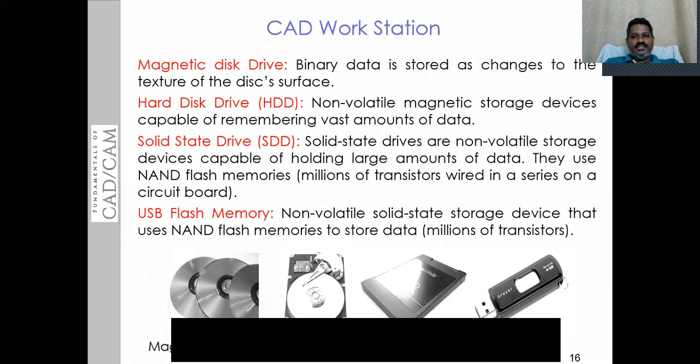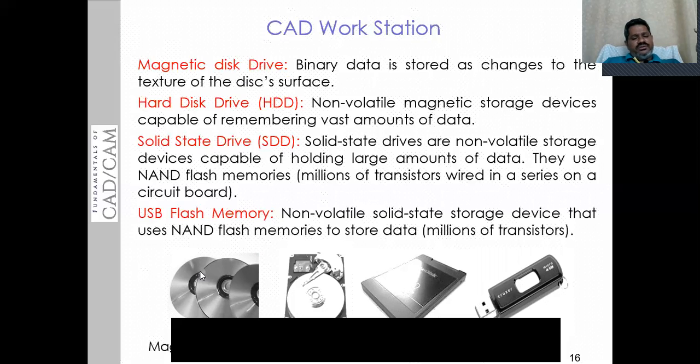In turn, you can call them bumps also, bumps and impressions. So this beam is going to read those bumps based on the texture. The electron beam is going to read the binary data on the magnetic disk drive.